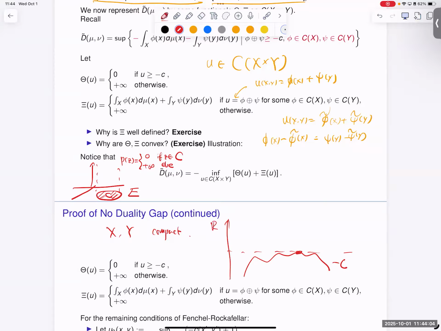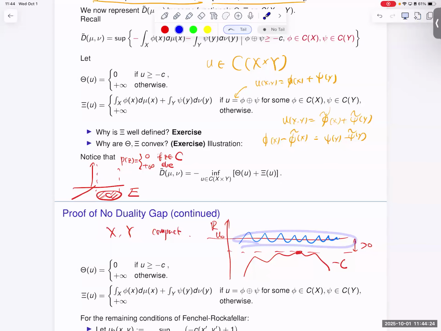And then you choose your U0 as a constant function strictly larger than this maximum value of negative C. Then if you make any small change to U0, this small change will still be over negative C.